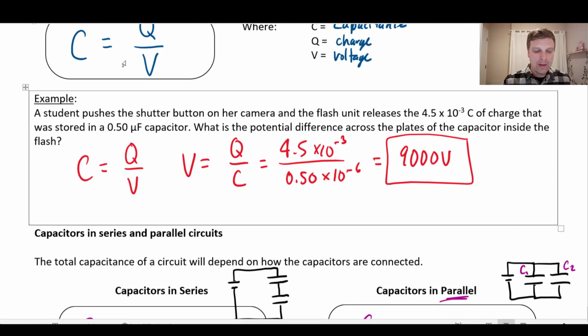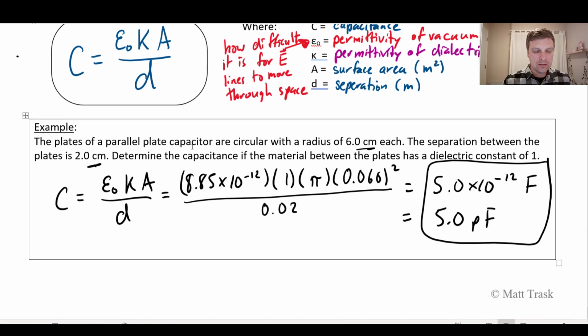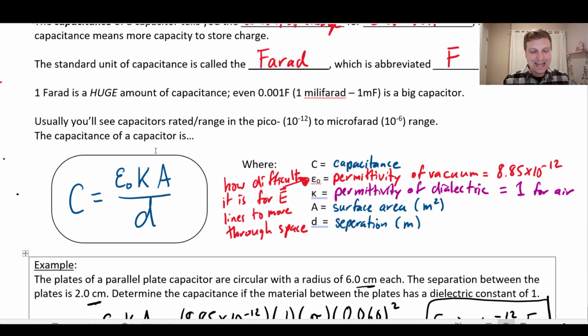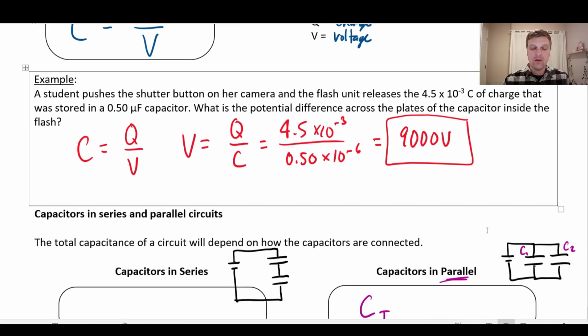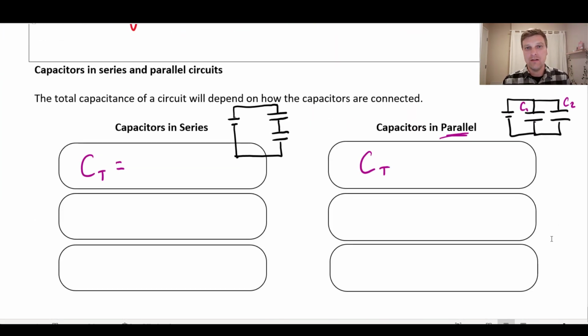If you go back to this formula up here, it talks about capacitance, I've essentially increased the value of A. I've created more area to jump onto, which means I've increased the total capacitance of this circuit. So in parallel, my total capacitance is going to be the sum of the individual capacitances, which is just like C1 plus C2 and on for however many capacitors I have.